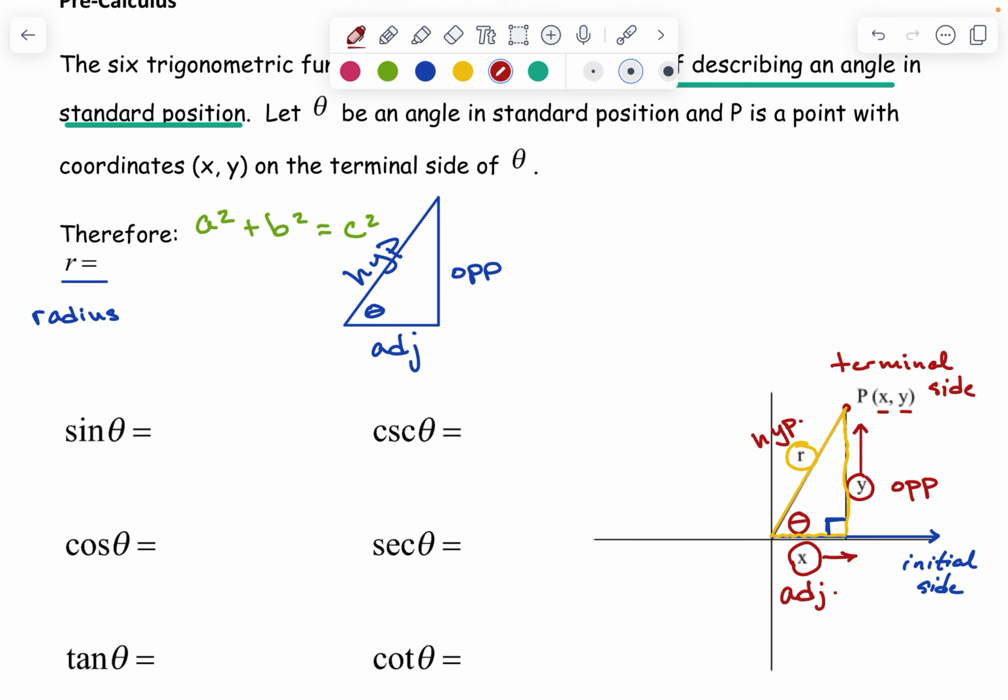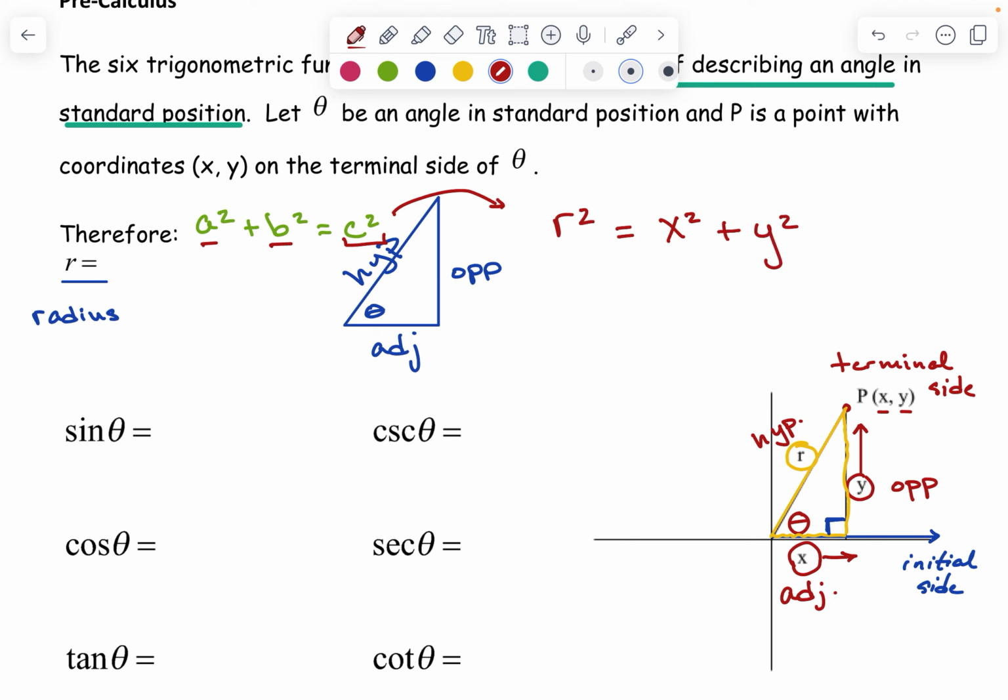If C is our hypotenuse, it's the same as r squared, and if A and B are our sides, that's x squared and y squared.